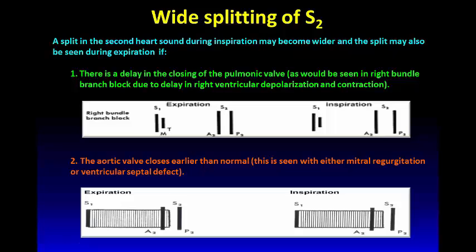So here we have a case of mitral regurgitation. So during inspiration, this is the aortic component of S2. So the aortic valve closes earlier than normal, resulting in wide splitting of S2 during inspiration, and the splitting of S2 is also heard during expiration.